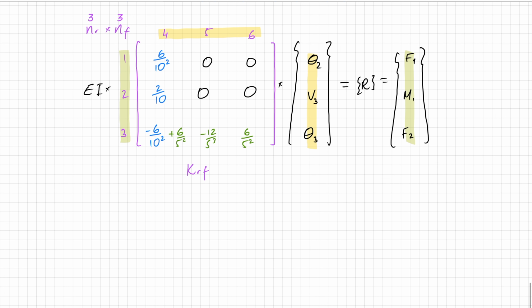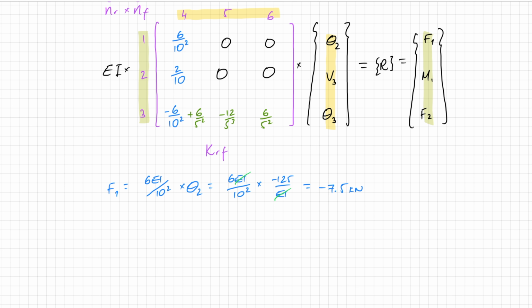Starting off with the first one, F1 equals 6EI divided by 10 squared times theta 2, and that is 6EI over 10 squared times minus 125 over EI, which we found. Obviously, EI and EI cancel each other out, and we are left with minus 7.5 kilonewtons.